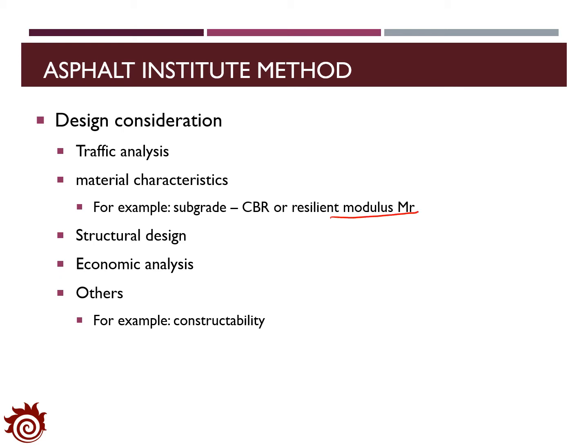With that, we will design the structure of the pavement to identify the thickness of each layer. And we also need to conduct an economic analysis to identify the cost of the construction and to determine whether it's reasonable for us to conduct the construction in the design area.